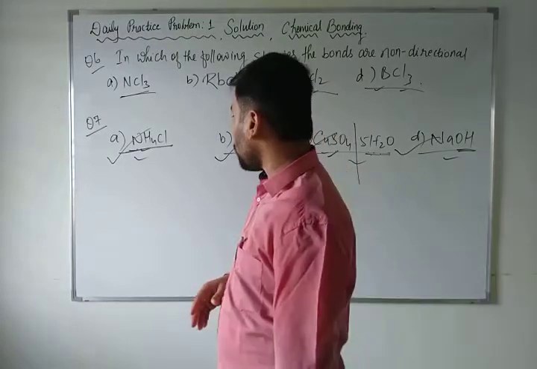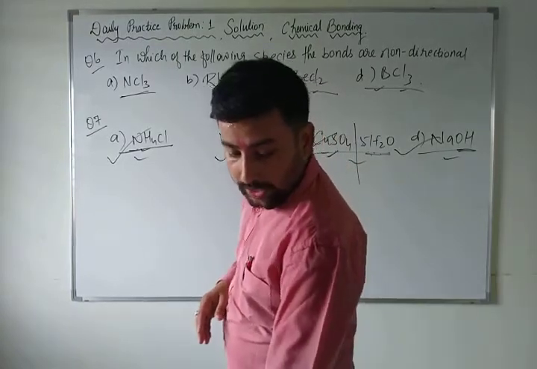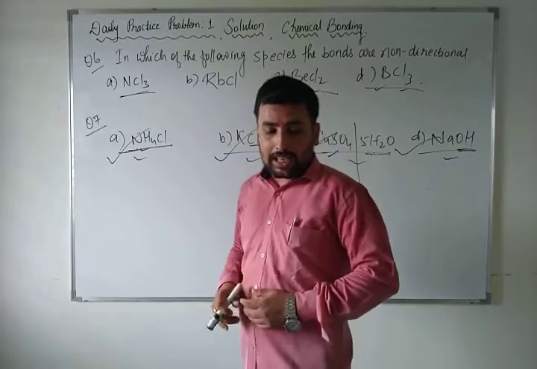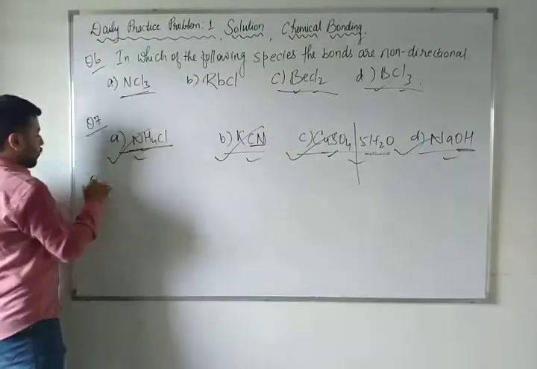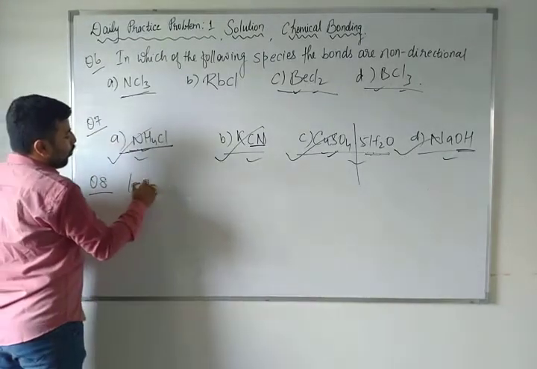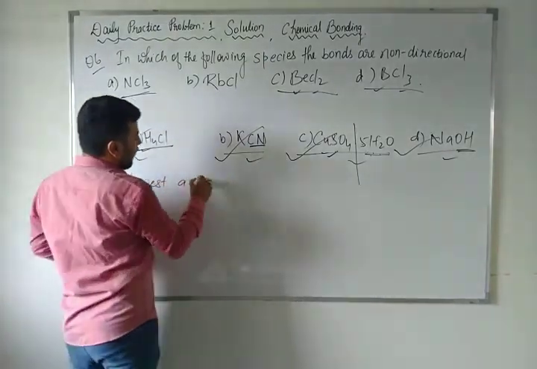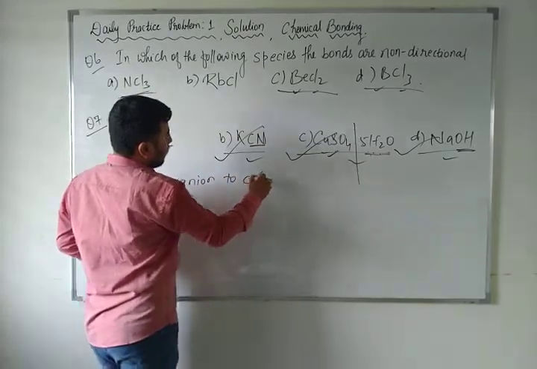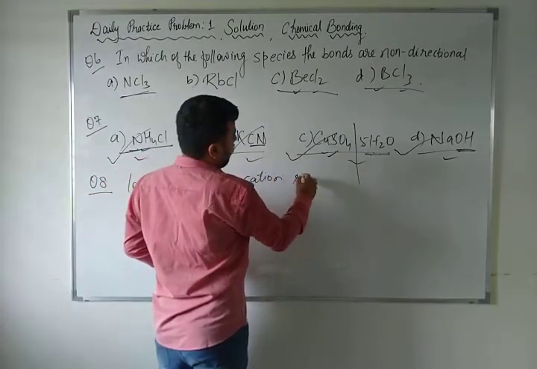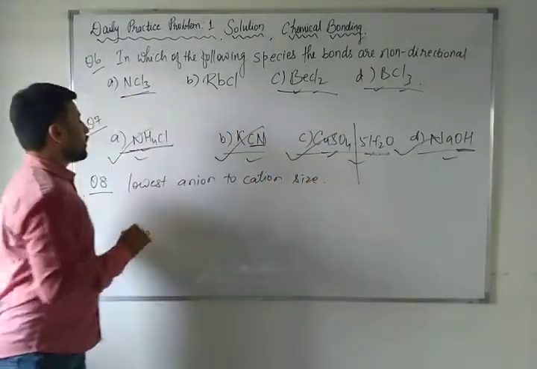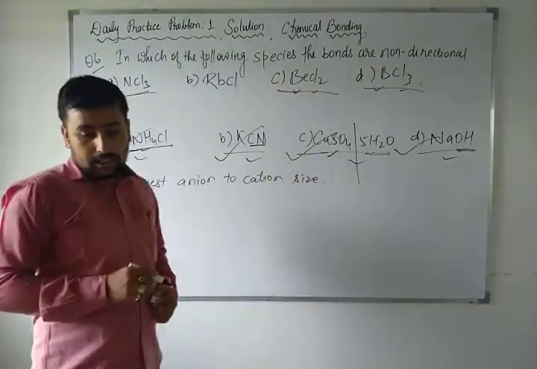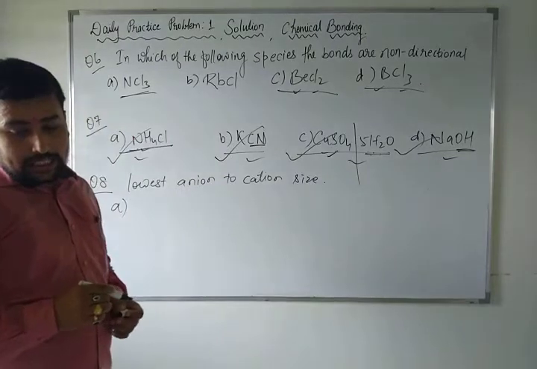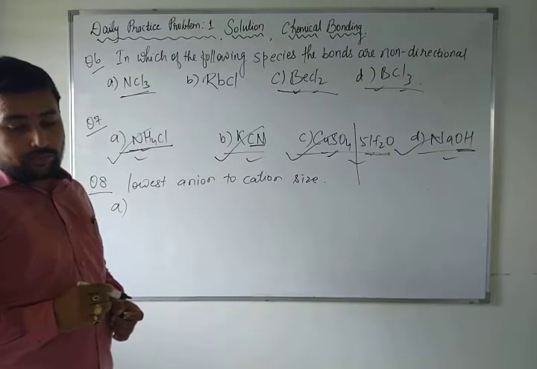Now let's move towards question number 8. Which has the lowest anion to cation size ratio? Lowest anion to cation size ratio. Which of the following has the lowest?